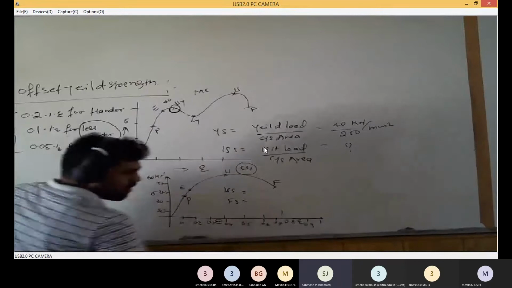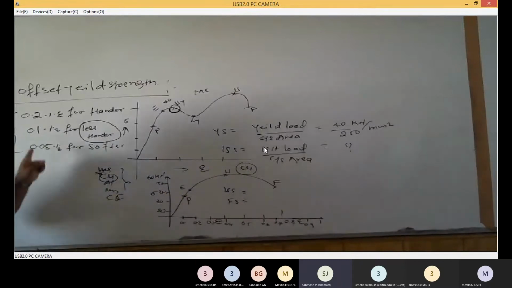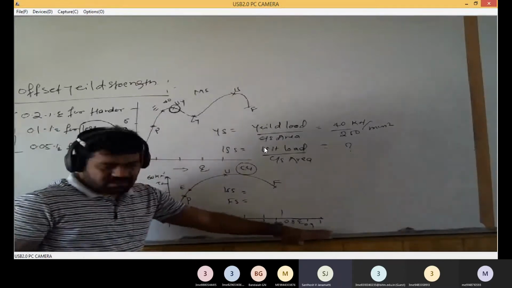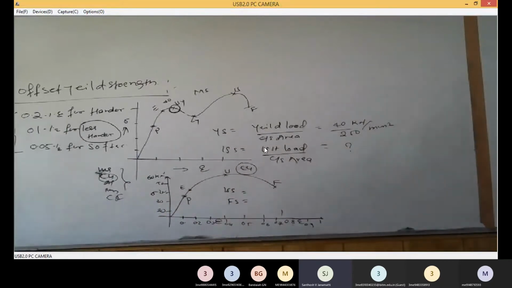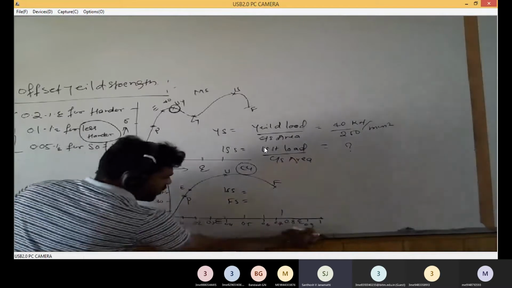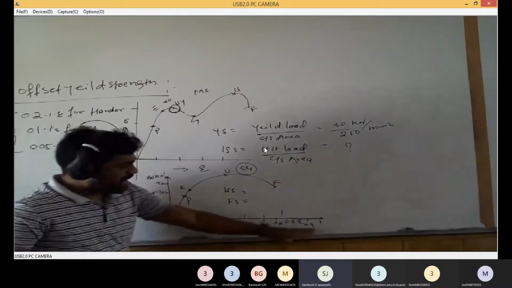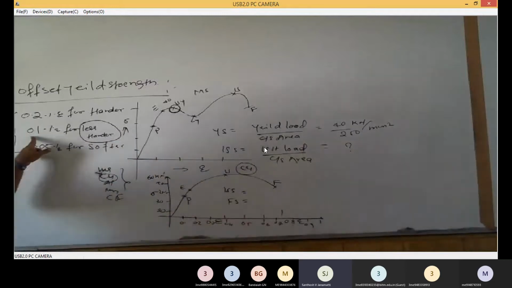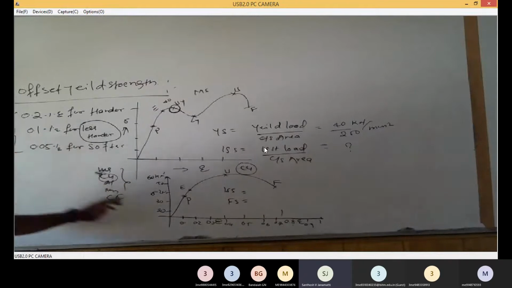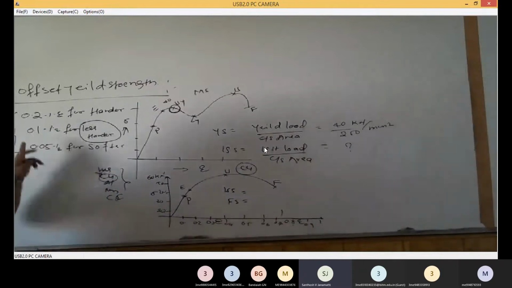Total 1, or we can assume it is 10. Assume if it is 100 there, out of 100 you can take 1% of total strain. Total strain is 1, 1% of total strain.